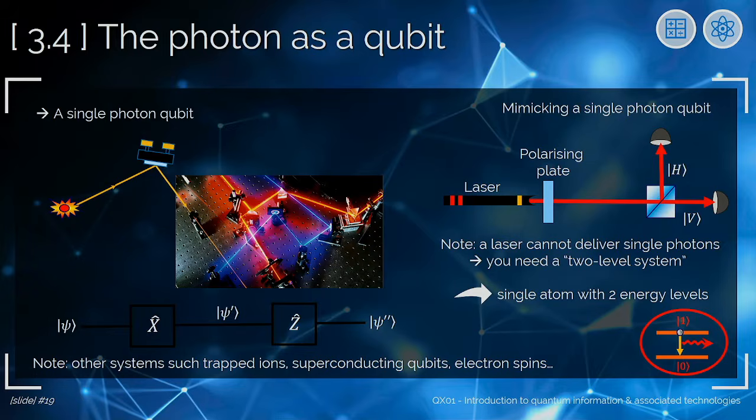Atoms are quantized, so the electron can jump from one level of energy to the next, from the bottom one to the top one, and when it comes down eventually, it will release the energy that it absorbed by emitting a photon. And that is a single photon, because that is a single quantum of energy.